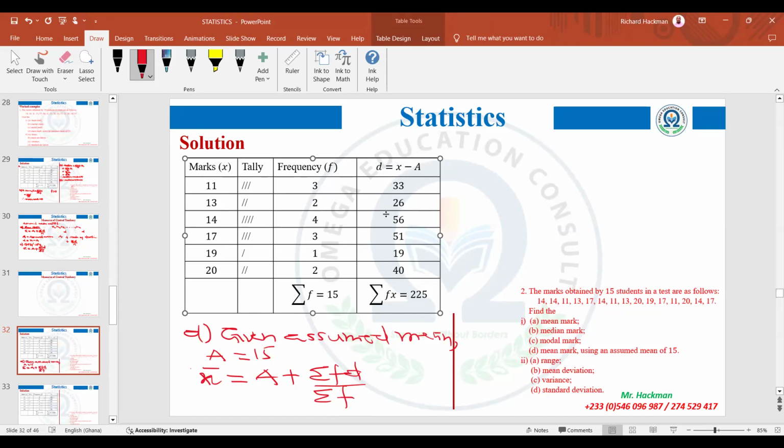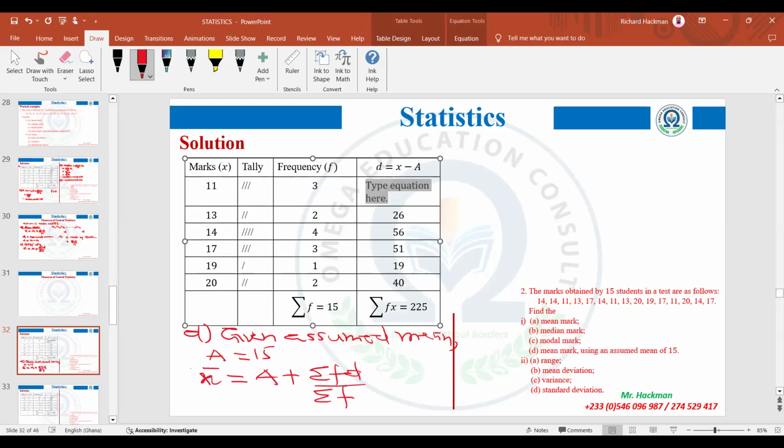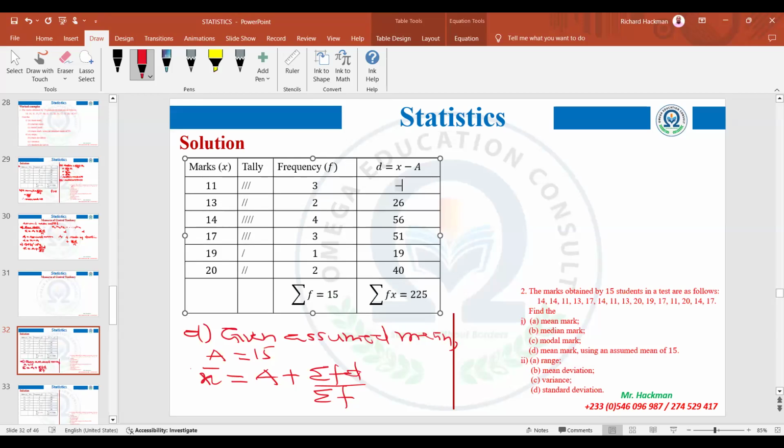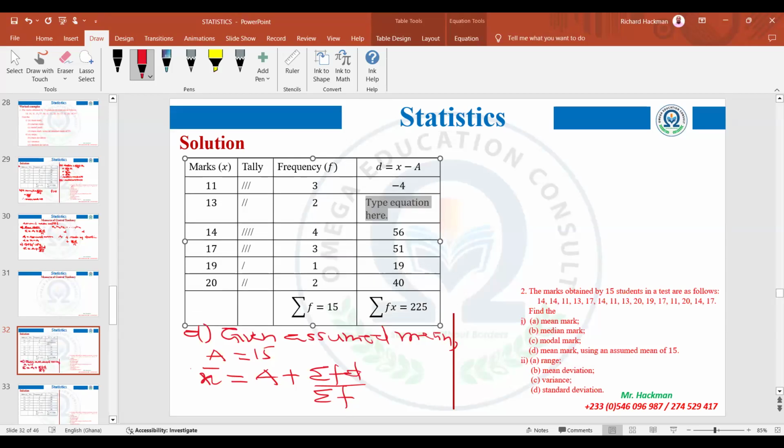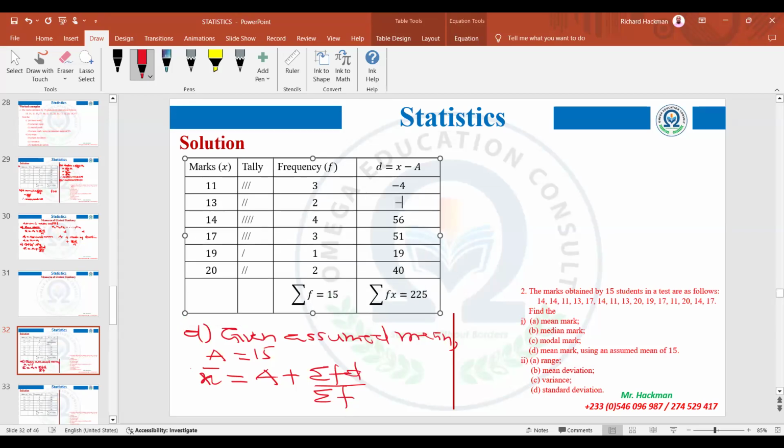So let's do the editing together. What do we get? 11 minus 15 will give us minus 4. What about 13 minus 15? Minus 2. I hope you are following.